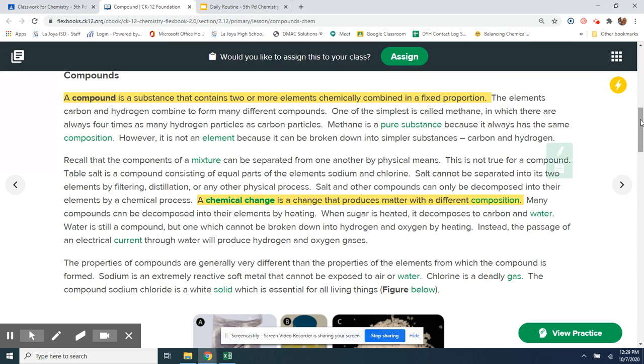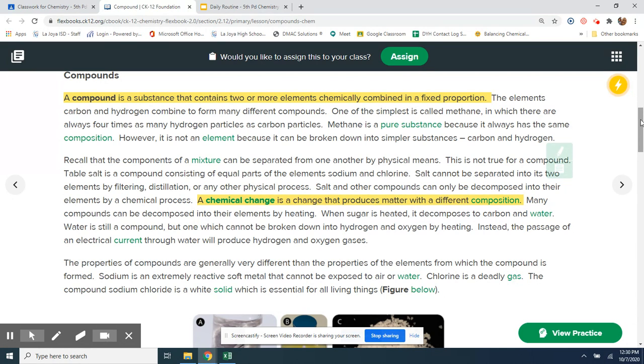Like they talk about table salt. Everybody knows what salt is, right? Salt has a formula of NaCl. This is salt. Table salt is a compound consisting of equal parts.